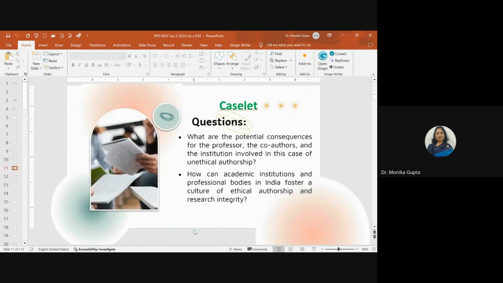Now, the next question: how can academic institutions and professional bodies in India foster a culture of ethical authorship and research integrity? So we are moving from being general to being specific or technical. Just think and respond.